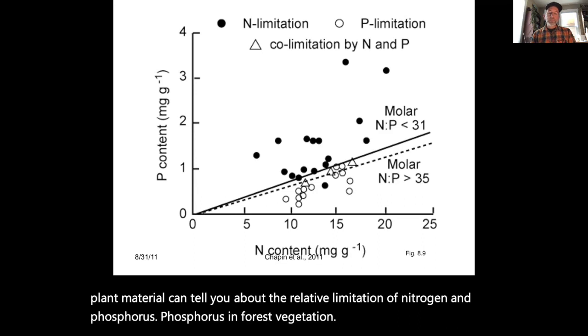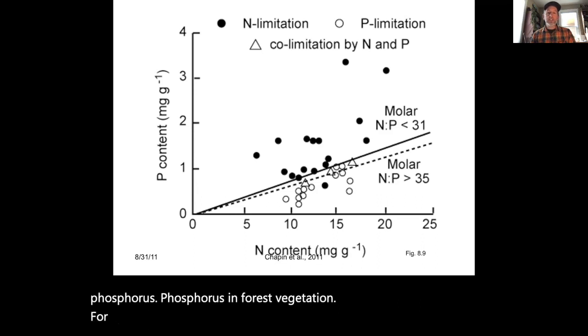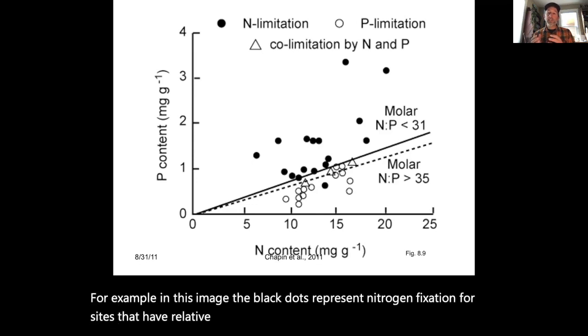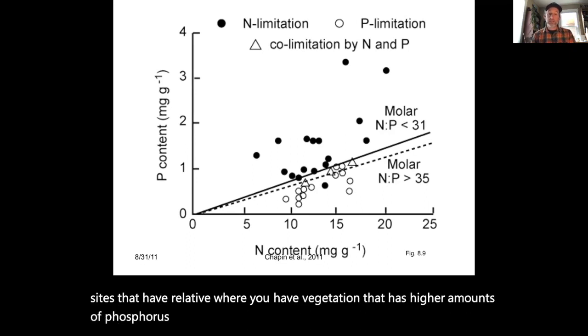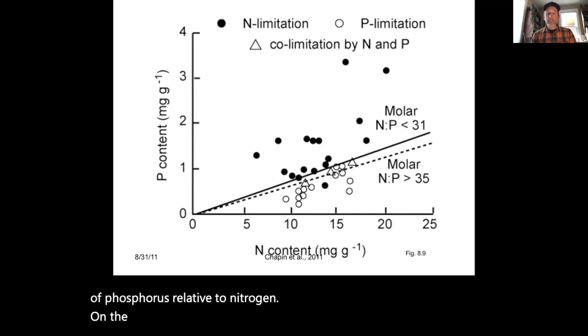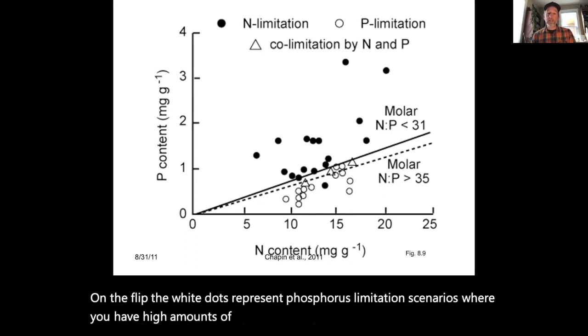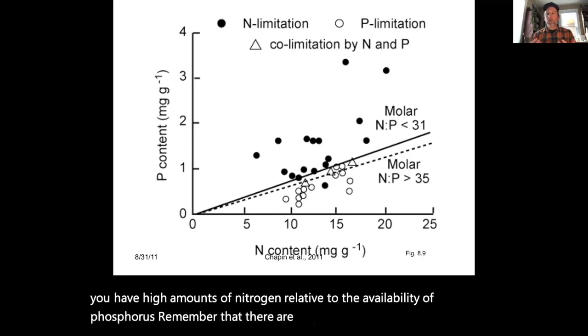So for example, in this image, the black dots represent nitrogen limitation for sites where you have vegetation that has higher amounts of phosphorus relative to nitrogen. On the flip, the white dots represent phosphorus limitation scenarios where you have high amounts of nitrogen relative to the availability of phosphorus. Remember that there are biological reactions that require these things.